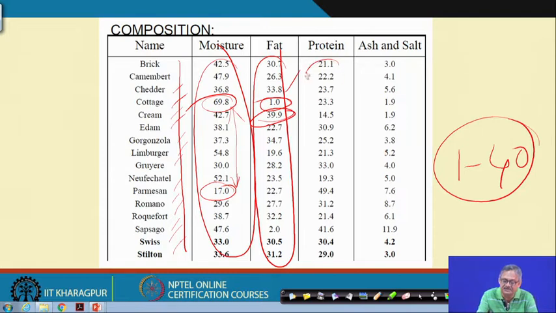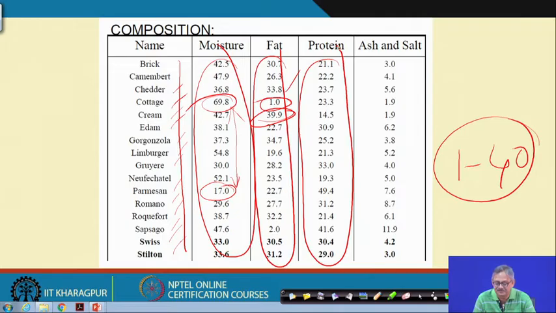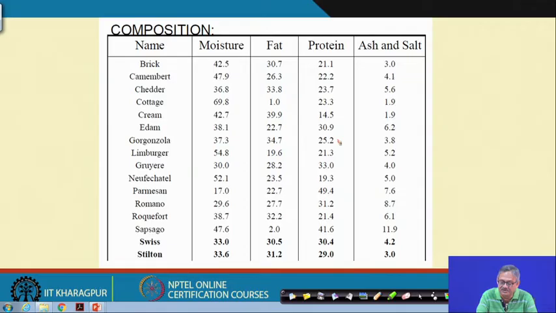Then protein content is relatively less varied, but still very wide. The lowest one is 14.5, not 19, 14.5, and the highest one is 49.4, right. So again a wide variation of protein.